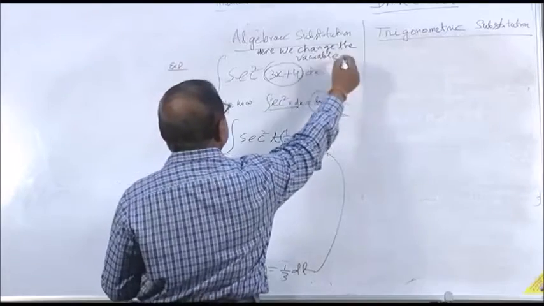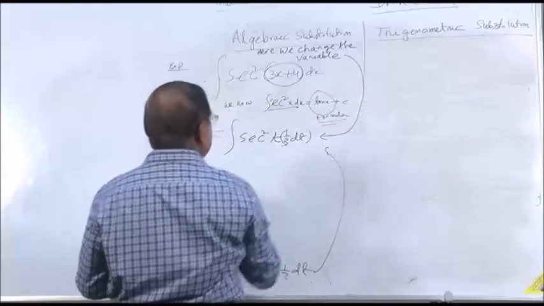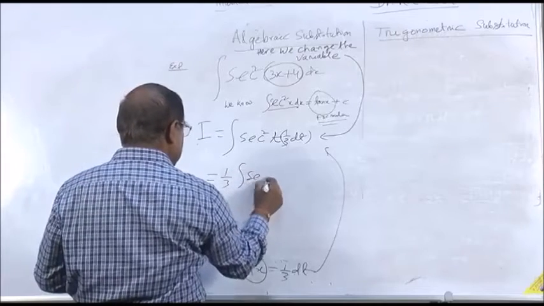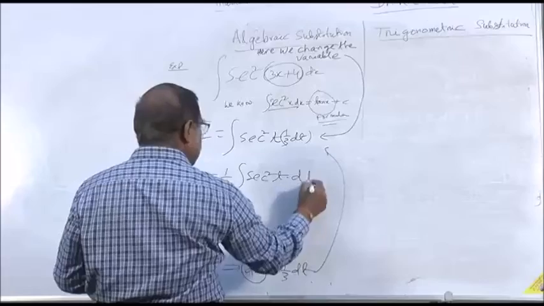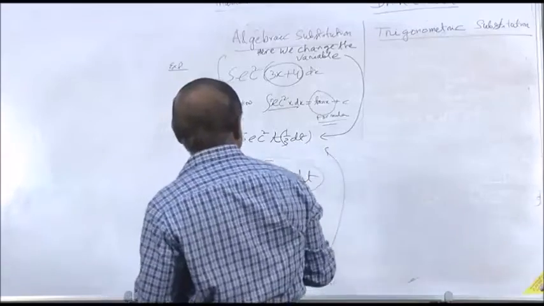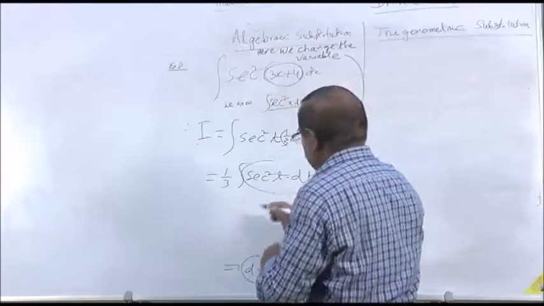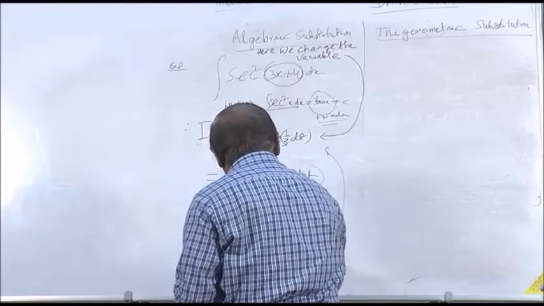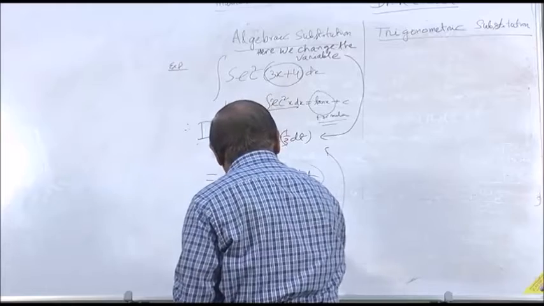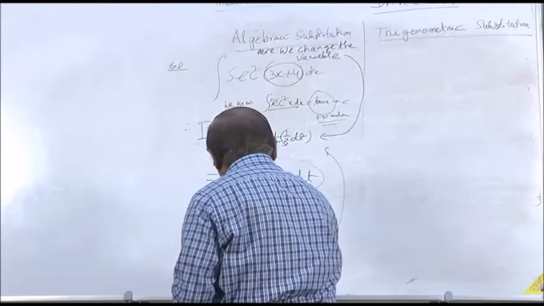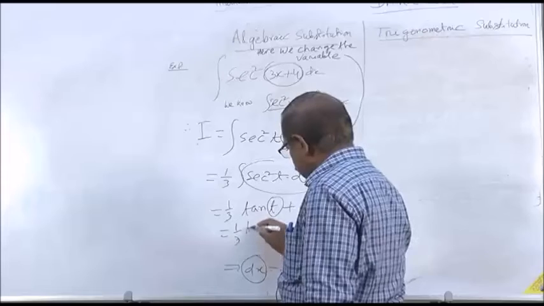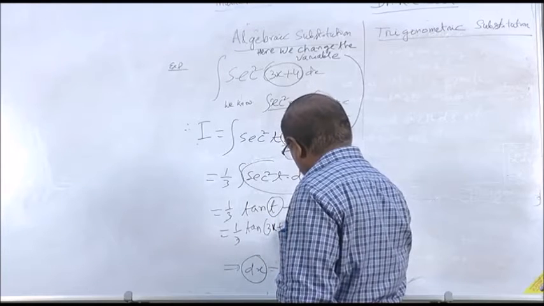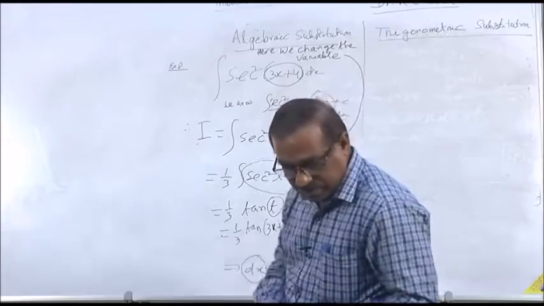So the variable changes here, and this 1 by 3, the constant, is taken out: sec square t dt, which is in the standard form. So here you can write the formula, that is tan t plus c, and in the last step we put the value of t that we have taken: tan of 3x plus 4 plus c.